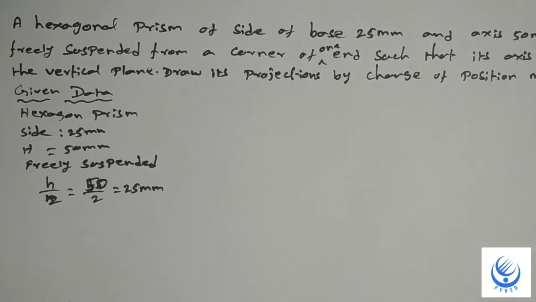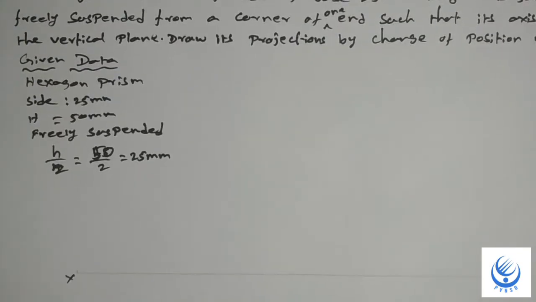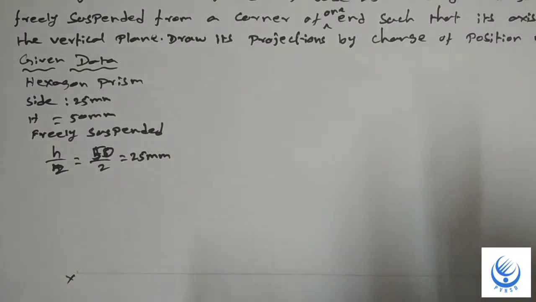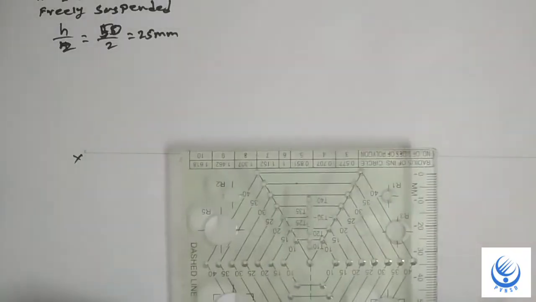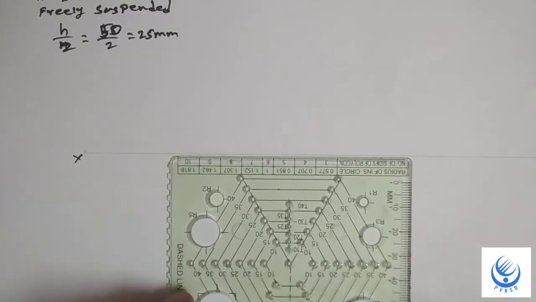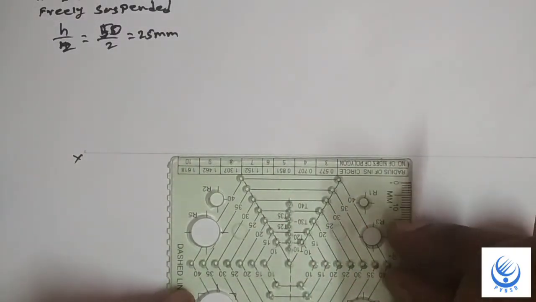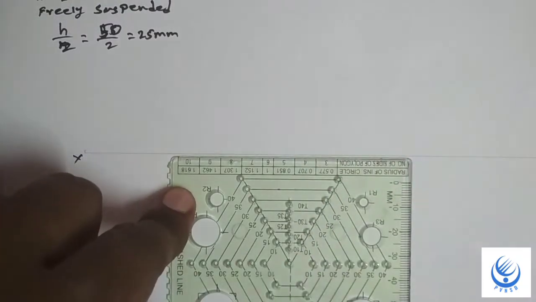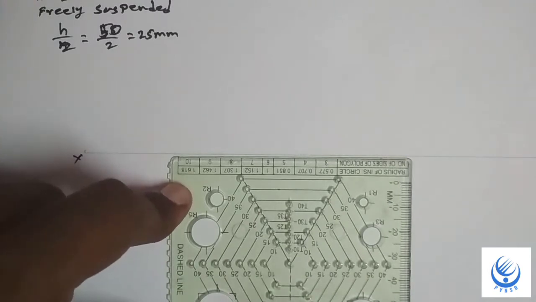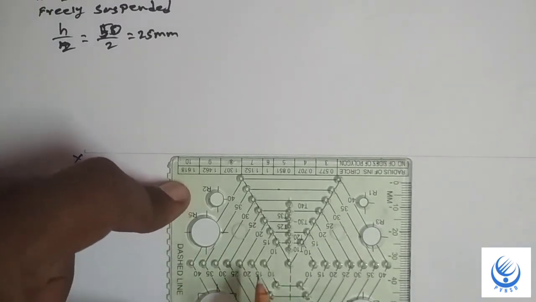First, draw the hexagon. In this problem, freely suspended, so draw the hexagon in corner position. The size is 25 mm. Take a template or use a compass to draw the hexagon. Hexagon 25 mm: 10, 15, 20, 25.